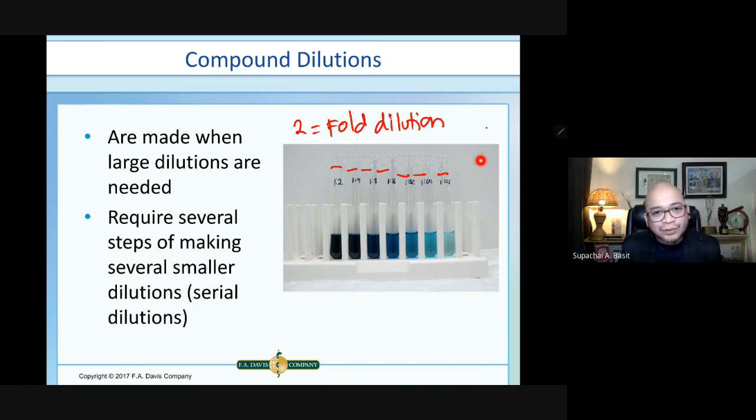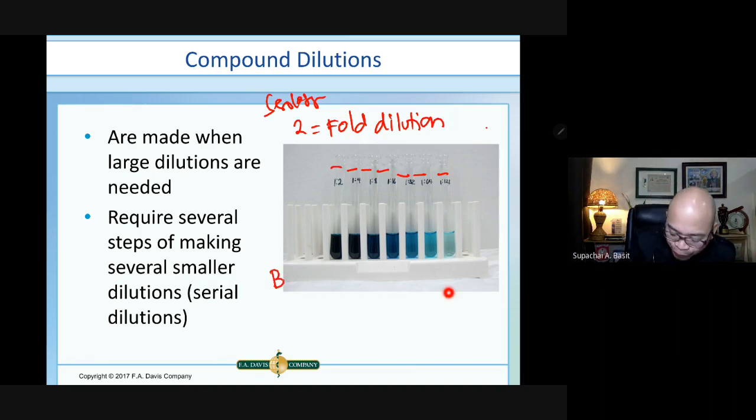In a two-fold dilution, you simply make the dilution twice in each tube of the serial dilution. However, in the laboratory, particularly in serology, the most common type of dilution is the two-fold dilution.